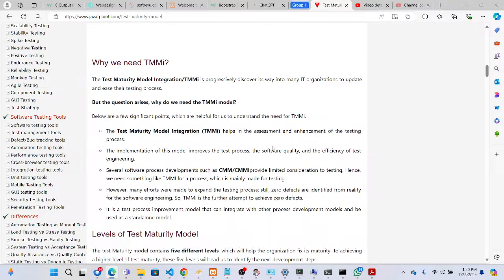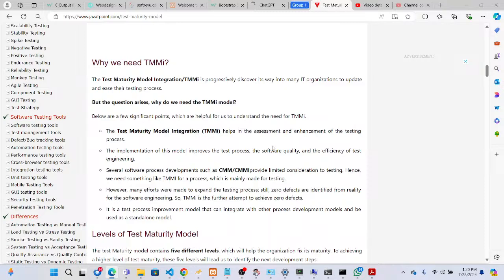So, why do we need a TMMI? It is actually to say that it is a maturity of that organization where they have adopted best practices. TMMI, or Test Maturity Model Integration, helps in assessment and enhancement of the testing process. The implementation of this model improves the test process, software quality, and the efficiency of test engineering.